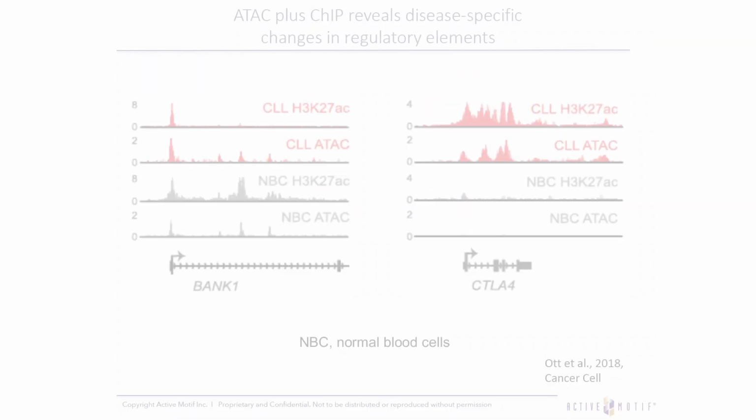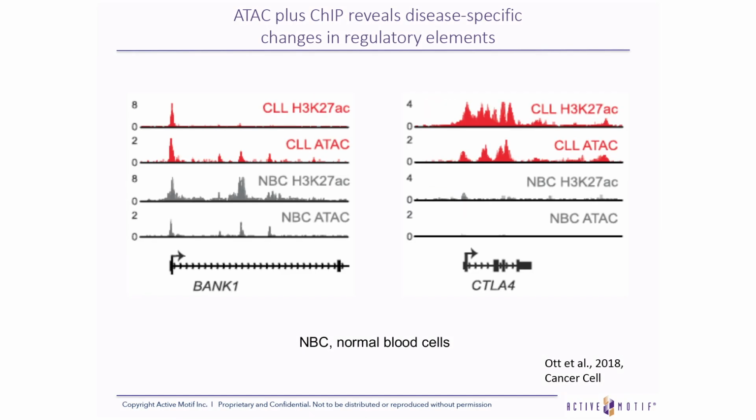We also took a look at the promoters. Here we were looking at the BANK1 promoter and the CTLA4 promoter. And here we can look at a comparison between the CLL patients and NBC, which is normal blood cells, so healthy donors. And we can see an example of the BANK1 gene that is on and open in both the CLL patients and the healthy donors.